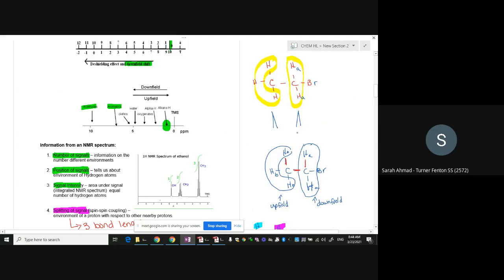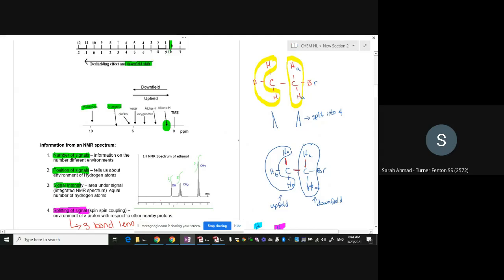Understand that these 2 are considered to be 1 peak, but this peak gets split by the influence of these 3 neighboring protons. So it's always itself plus the number of hydrogens splitting it. So this peak will split into 4. Itself plus the 3.